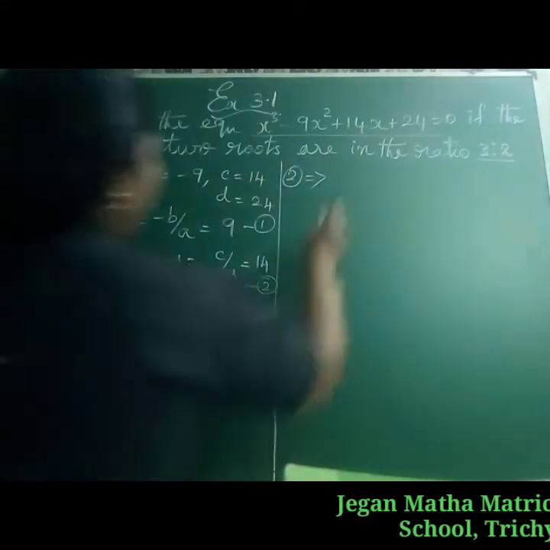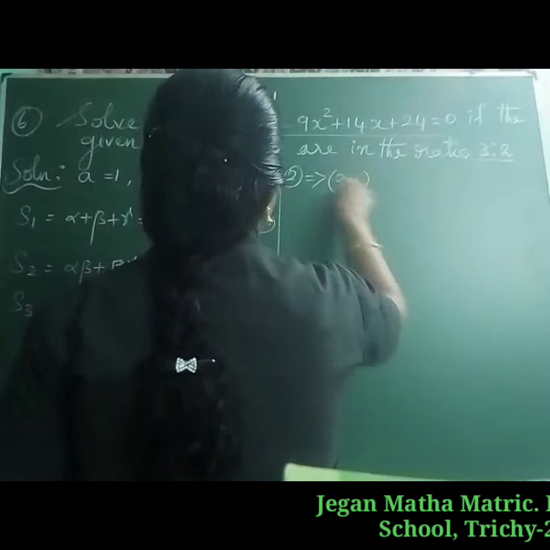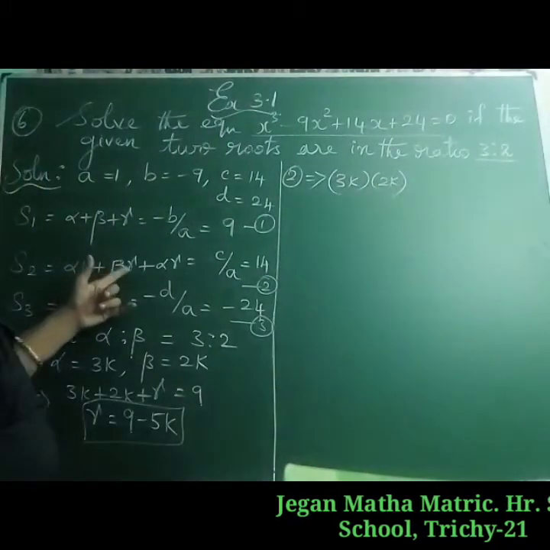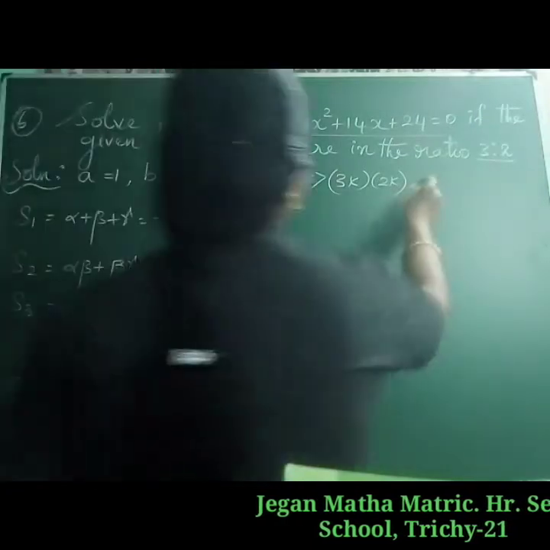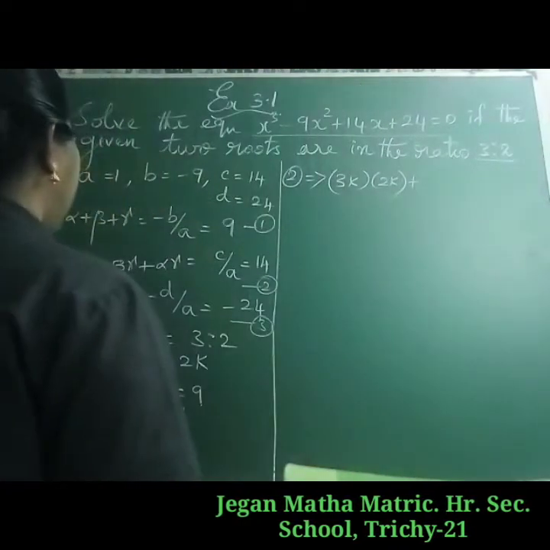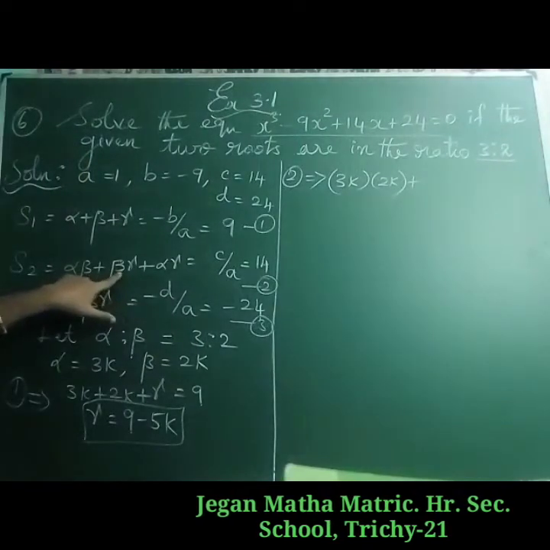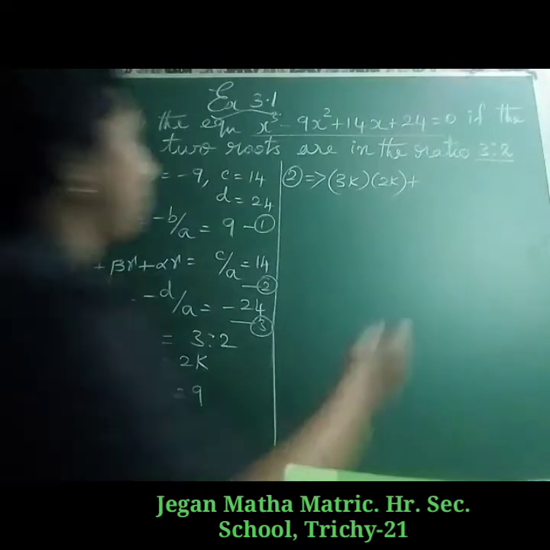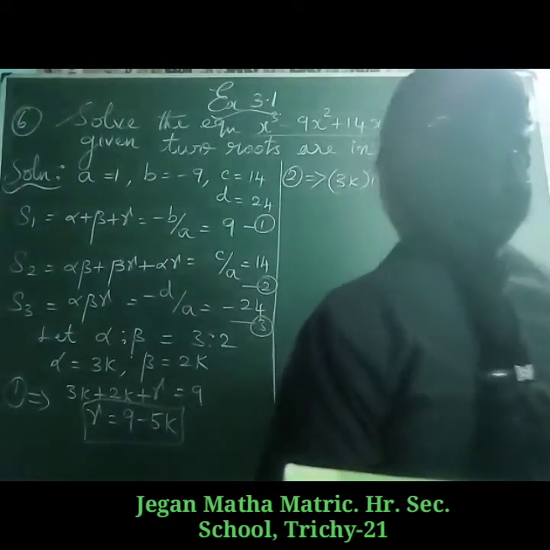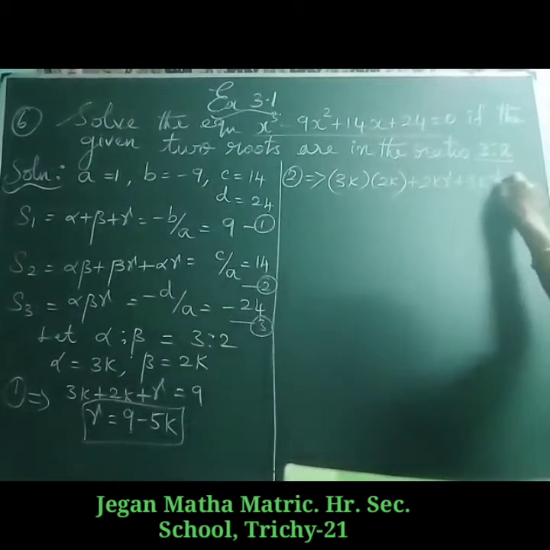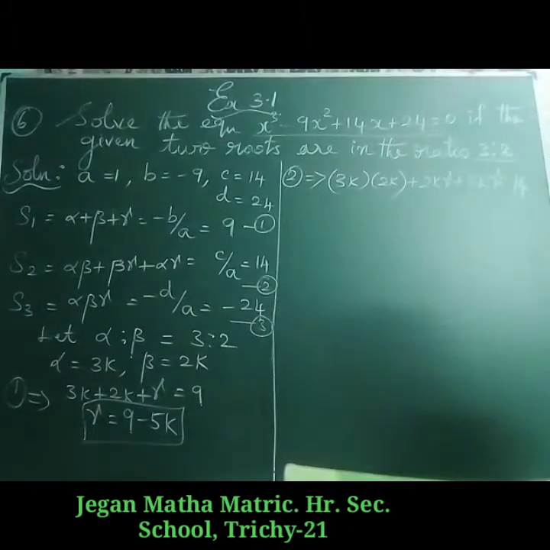Alpha beta, so 3k into 2k, plus beta into gamma, beta is 2k, plus alpha gamma, alpha equal to 3k. So if you write 2k into gamma plus 3k into gamma, which is equal to 14.